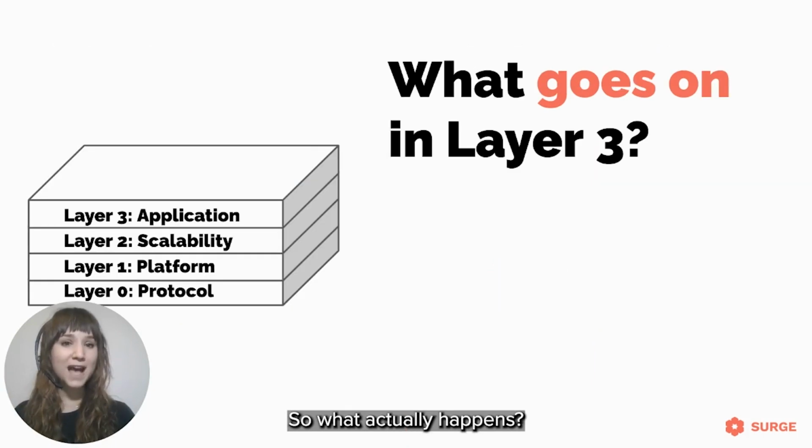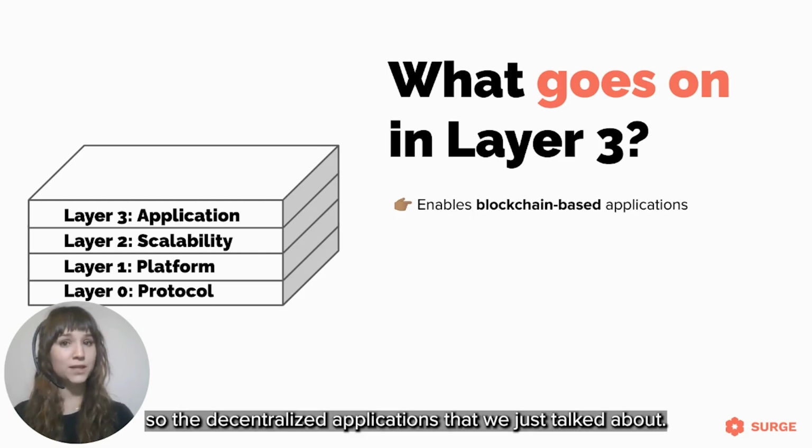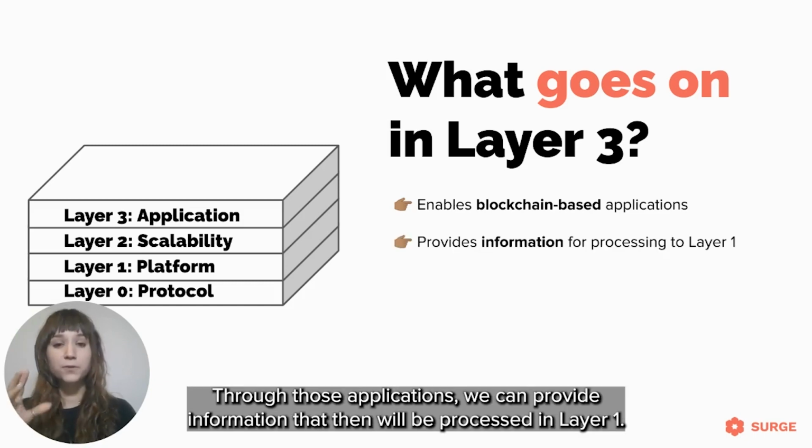So what actually happens? What goes on in layer 3? First of all, it enables blockchain-based applications, so the decentralized applications that we just talked about. Through those applications, we can provide information that then will be processed in layer 1.